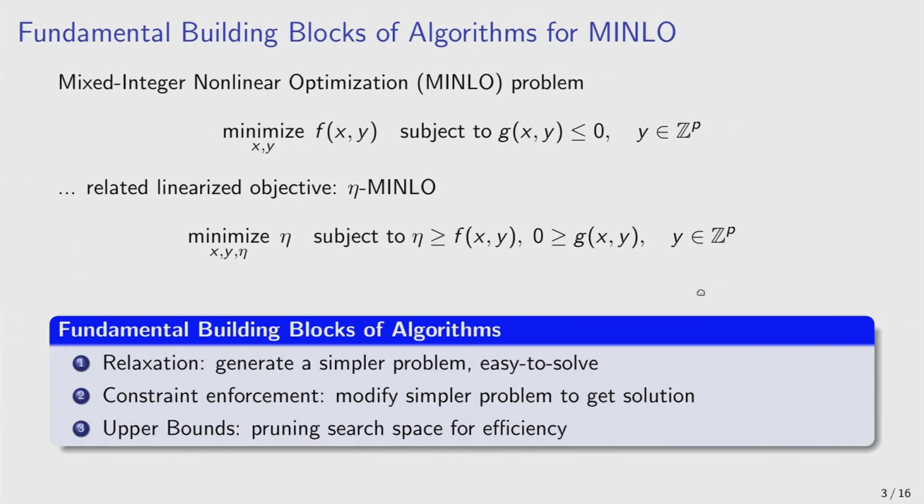But once you solve the relaxation, you don't necessarily have an optimal solution. So then you need to enforce the constraints that you forgot about, that you dropped. That's called constraint enforcement. And the last building block is upper bounds that allow us to prune efficiently. In MILO, we had the upper bounds that came from solving nonlinear optimization subproblems for fixed variables.